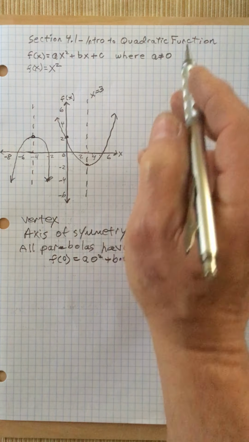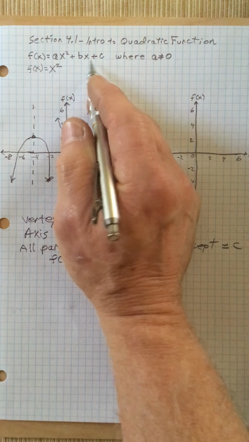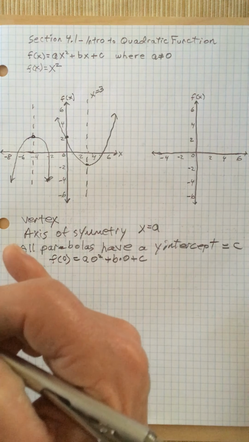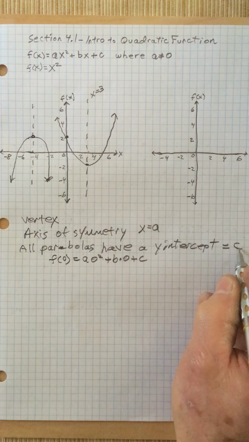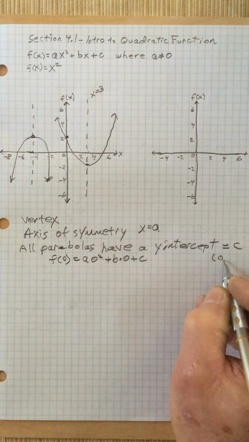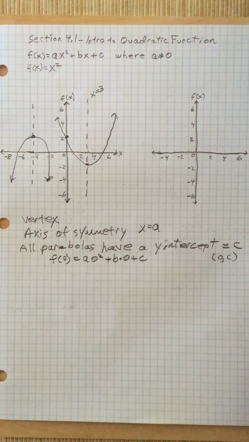So it's very easy to find from this equation. c is where the parabola crosses the y-axis. If you wanted to write it in a point form, that would be when x is 0, y is c. That's your y-intercept.